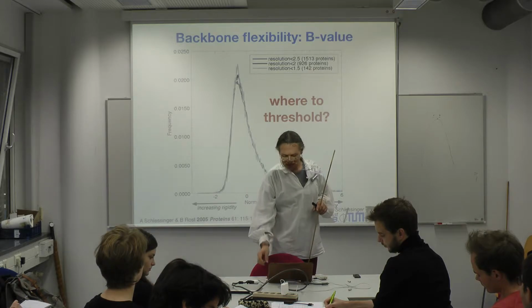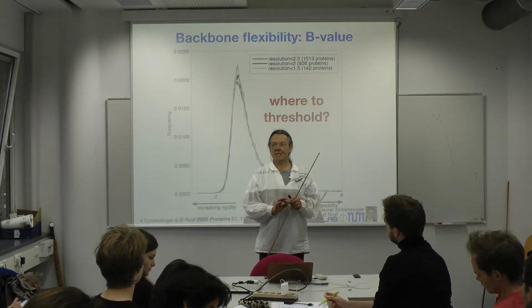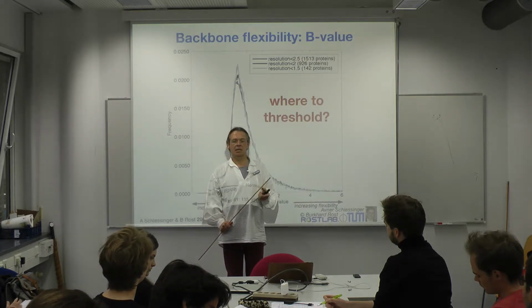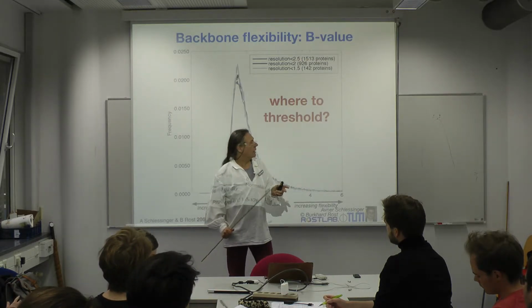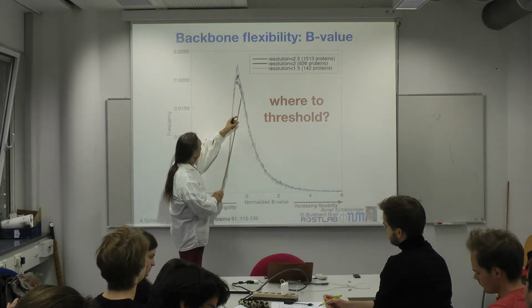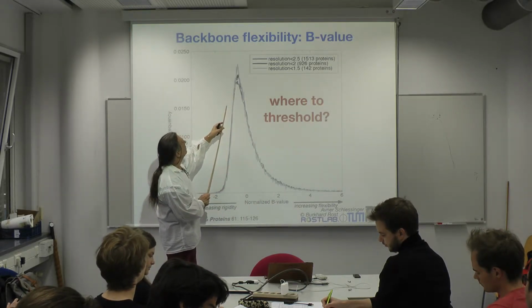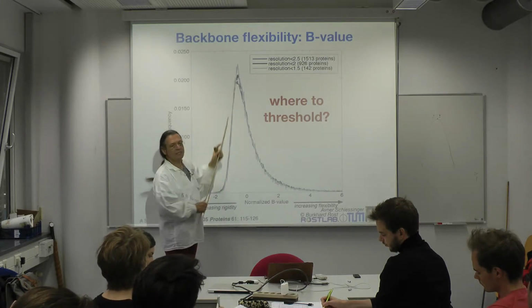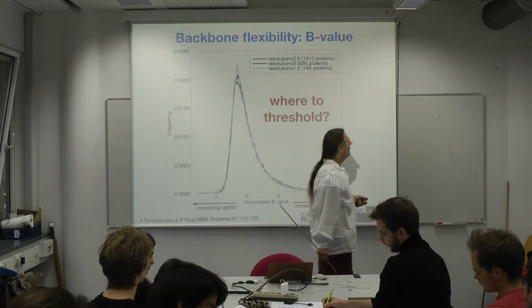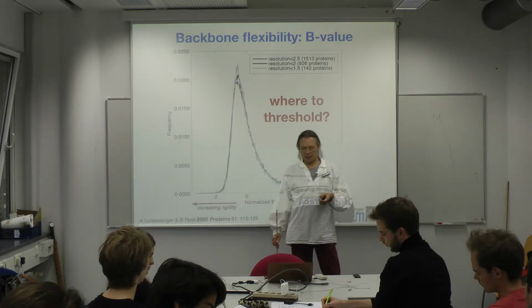So if you have a sample set where you essentially have zero error, then that's a valid process. In biology, you don't. In fact, I said that these three here are different quality structures, and already their peaks differ. So that's the minimal error that you have. In fact, the error is higher than that.